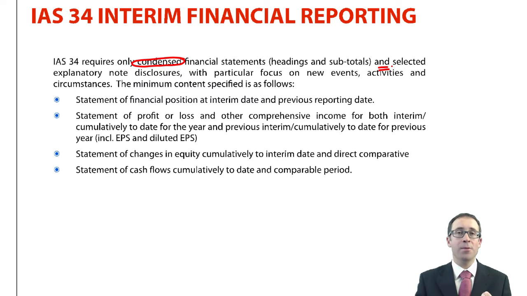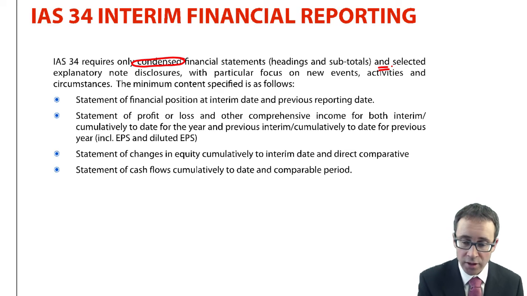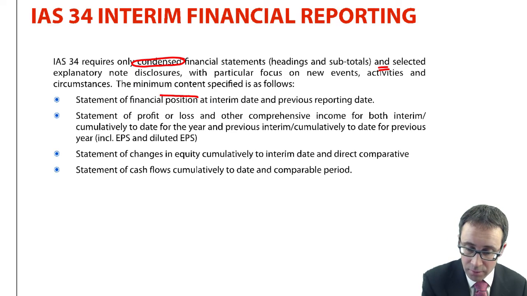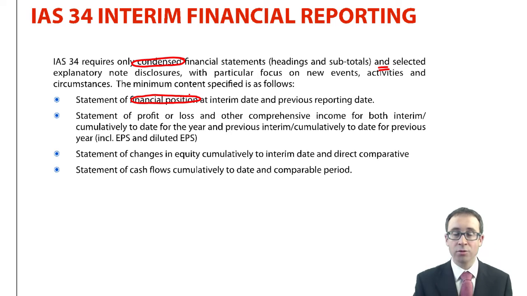Okay. The key bit, and I'd have thought most of the examinability, is actually going to focus upon what is specifically required with regards to the financial statements and what are going to be our comparatives. So first of all we look at your statement of financial position.